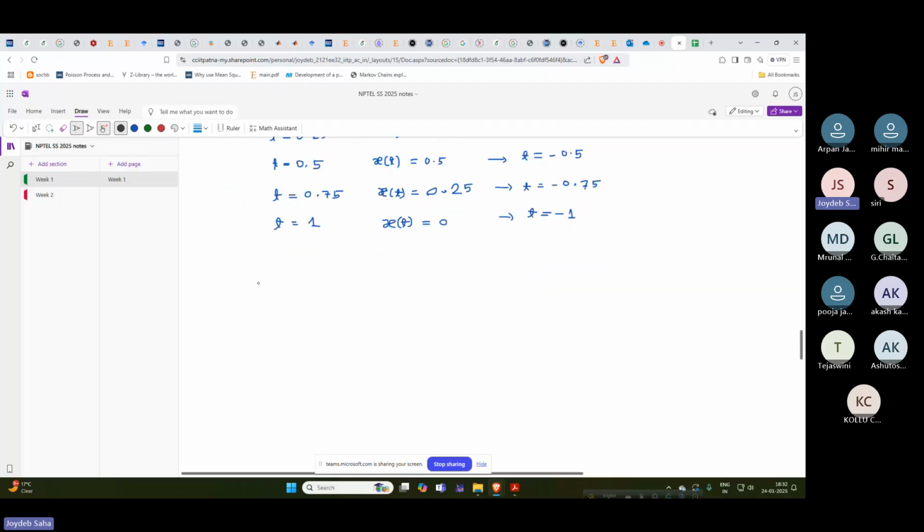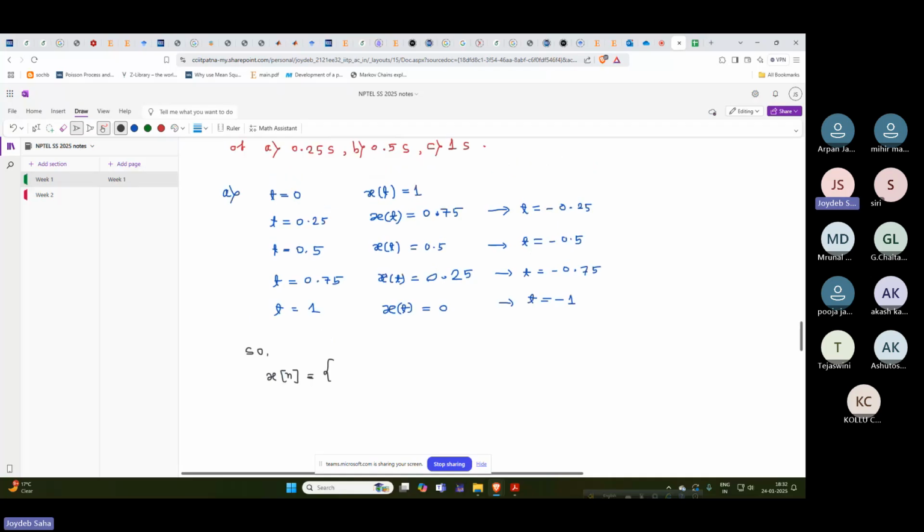Okay, so x of n is a sequence. What sequence will we get? Let us start with this. t equal to 0 was 1. Let us write 1 here. Then it was 0.75.